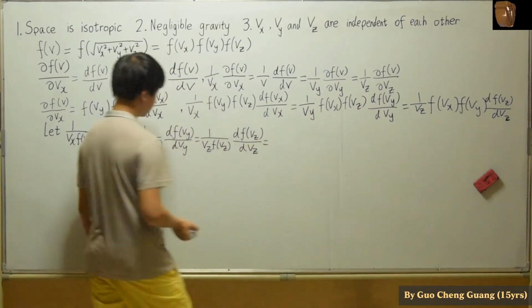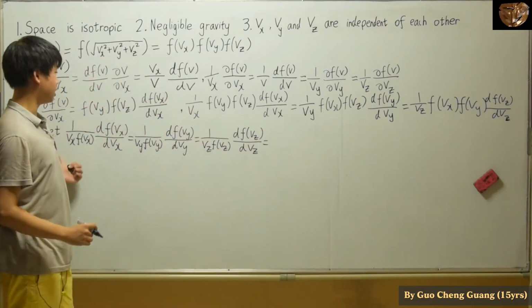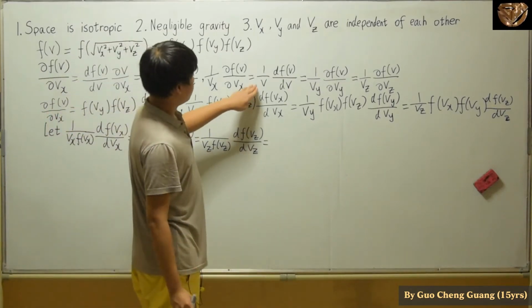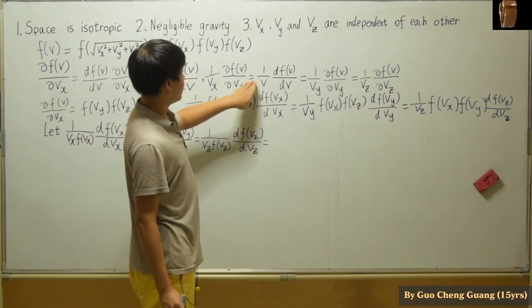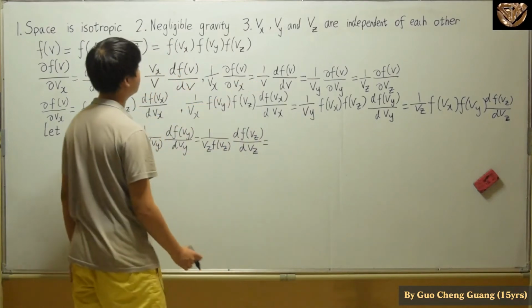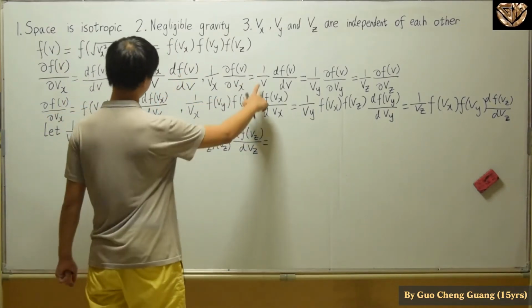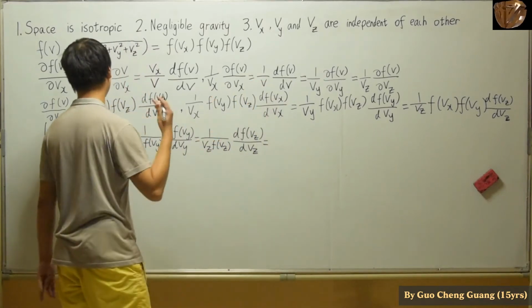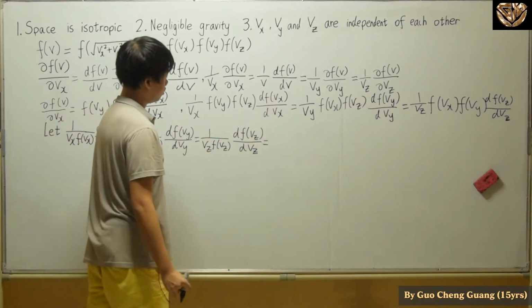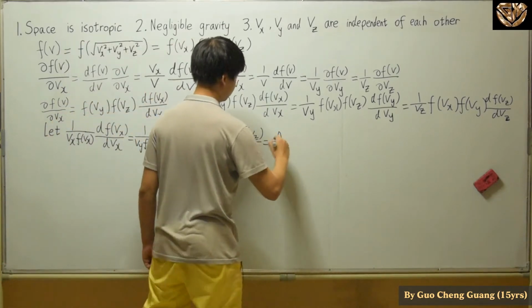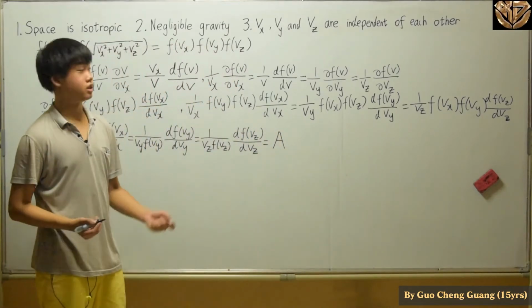So what exactly are we letting this be, since here we used let? When we consider this again, they're all equal to one thing, and this would then have another 1 over 1 over f(v). So how about we just take that as an a, which is just a constant, alright?